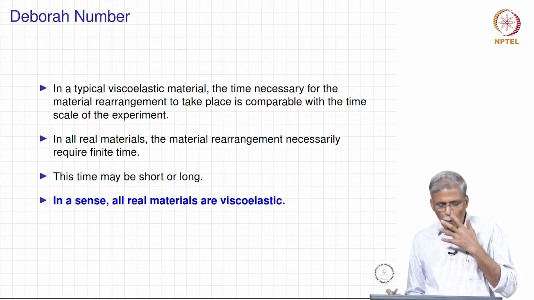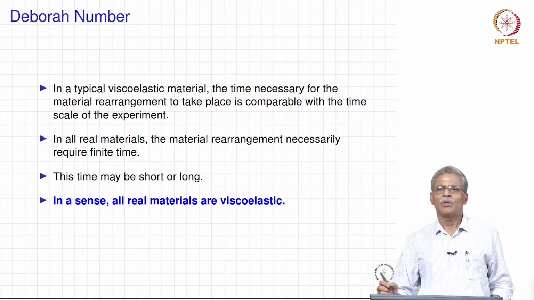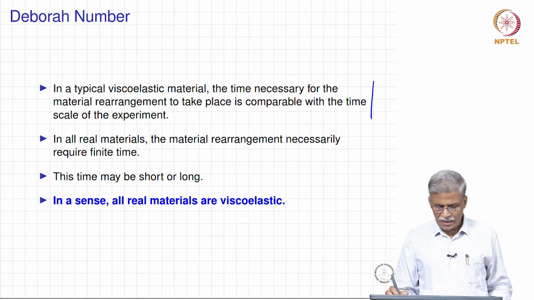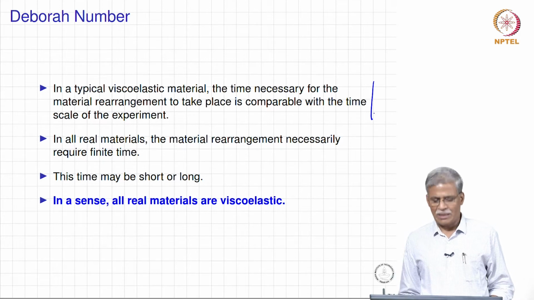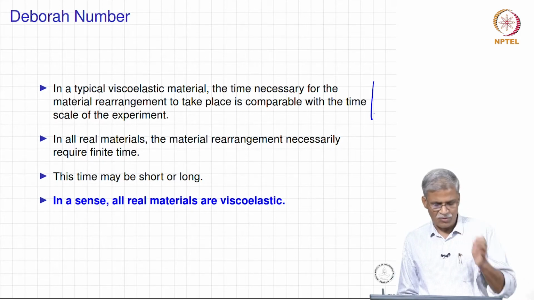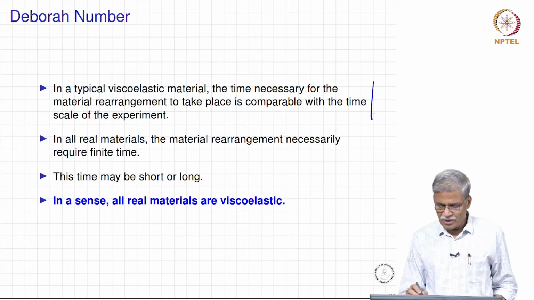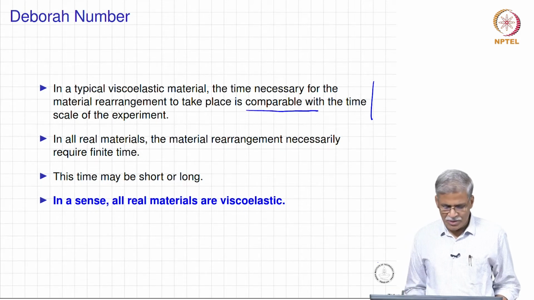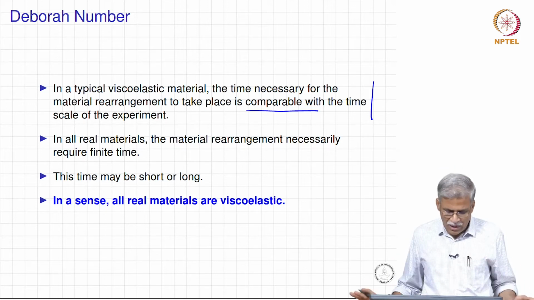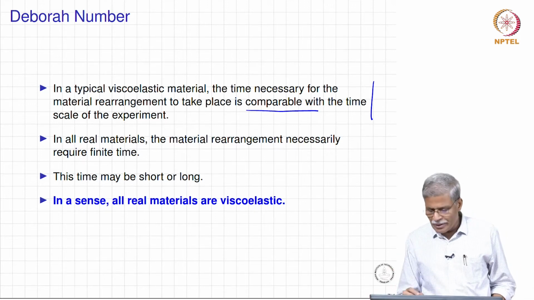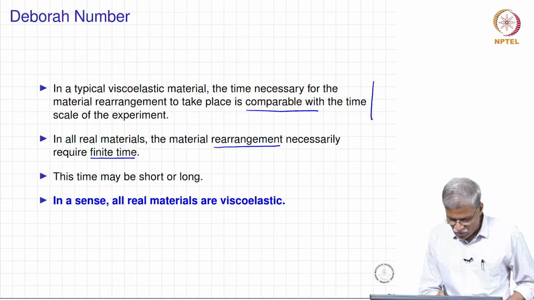So, to re-emphasize again, in a typical viscoelastic material, the time necessary for the material rearrangement to take place is comparable with the time scale of the experiment. In real life, for all materials the rearrangement takes some finite time.